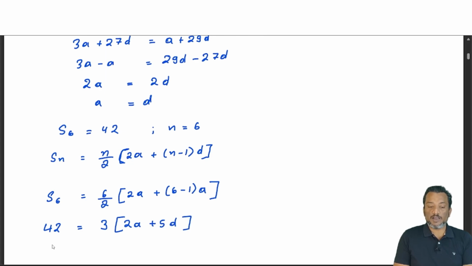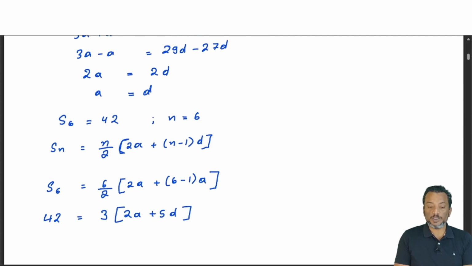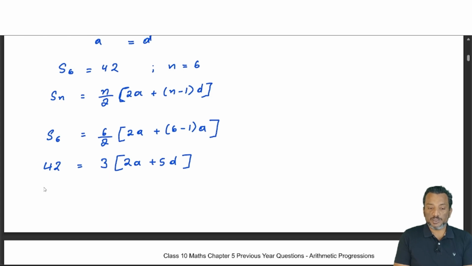Now after that you can transpose the 3 from the right side to the left side by dividing, so you will get 42 divided by 3, which is 14.